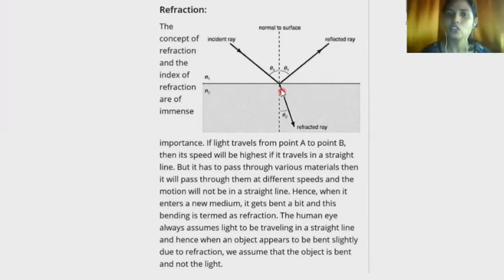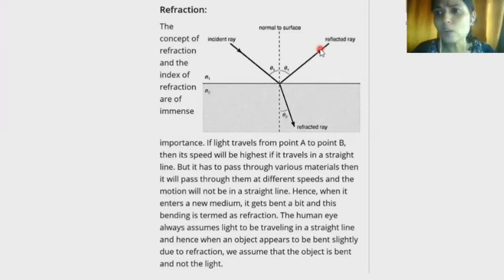Okay, so you might see here one more reflected ray. You might ask, ma'am, for refraction, how did a reflected ray come here? Now I will give another example. When you stand in front of a glass, I'm not talking about a mirror, will you be able to see your image in the glass?